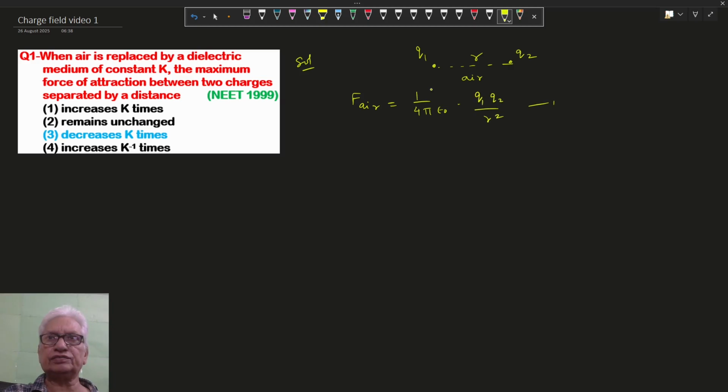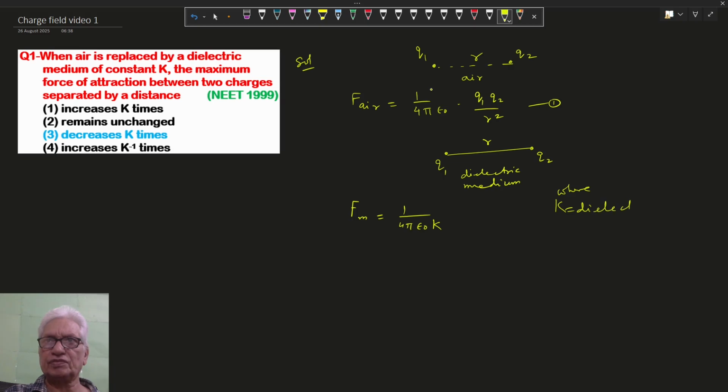Now if a dielectric medium is placed in between the two charges at the same separation distance, then the force in the medium will be given by 1 upon 4 pi epsilon naught K, where K is called the dielectric constant of the medium, and the product of the charges divided by this.